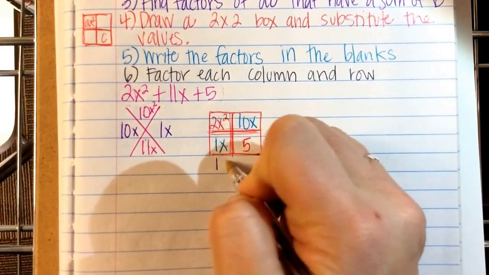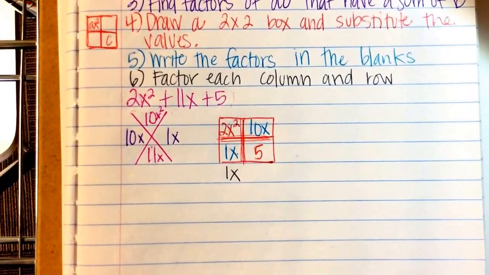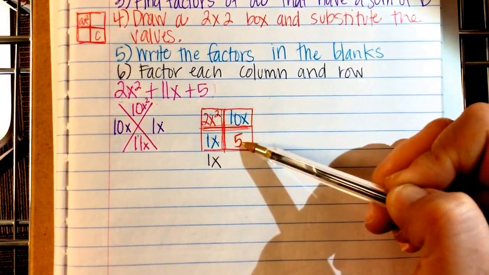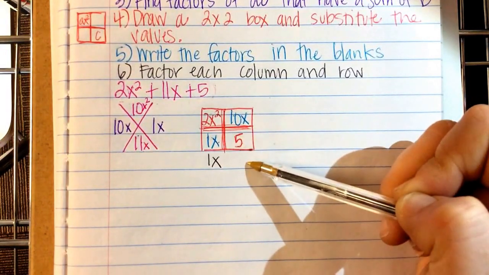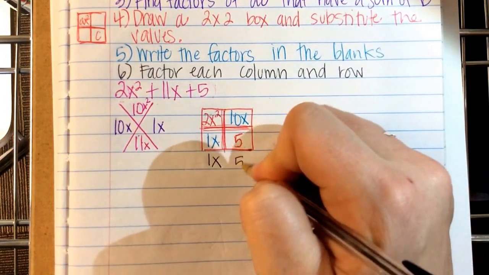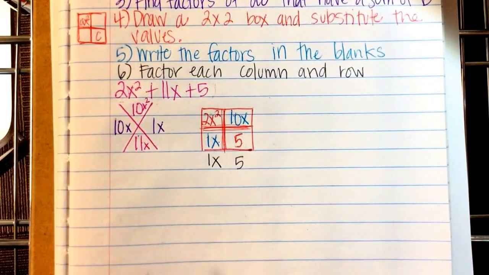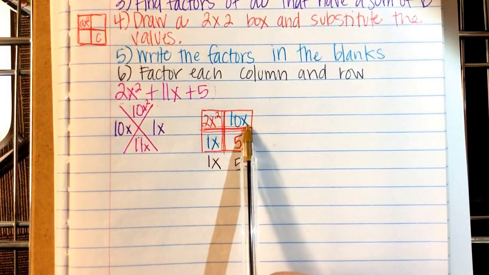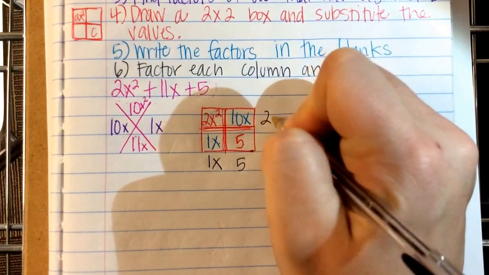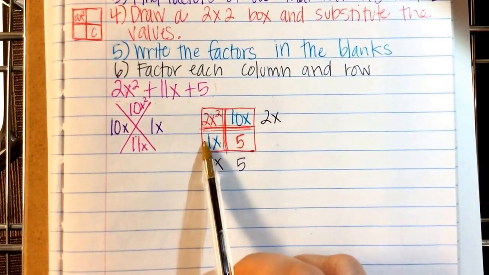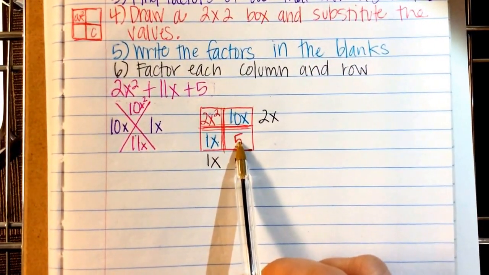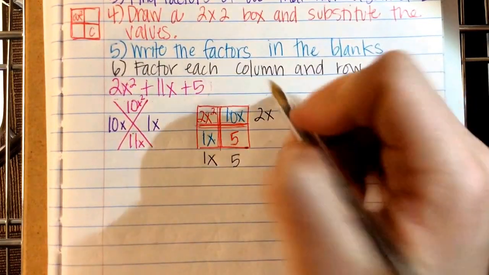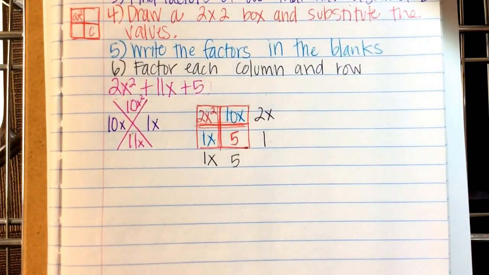They share 1x. What do 10x and 5 share? 5. What do 2x squared and 10x share? 2x. And what do 1x and 5 share? There's your answer.